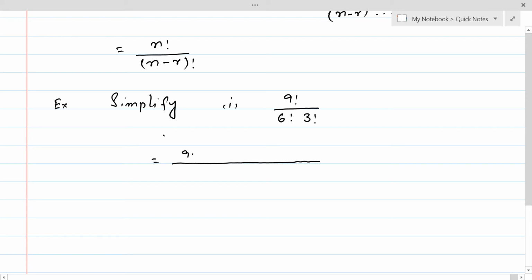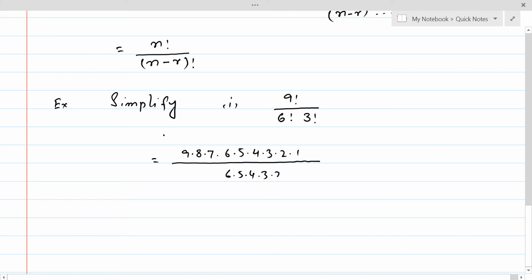So this would be 9 times 8 times 7 times 6 times 5 times 4 times 3 times 2 times 1. And here is 6 factorial, which means 6 times 5 times 4 times 3 times 2 times 1. And again there is 3 factorial, which means 3 times 2 times 1.